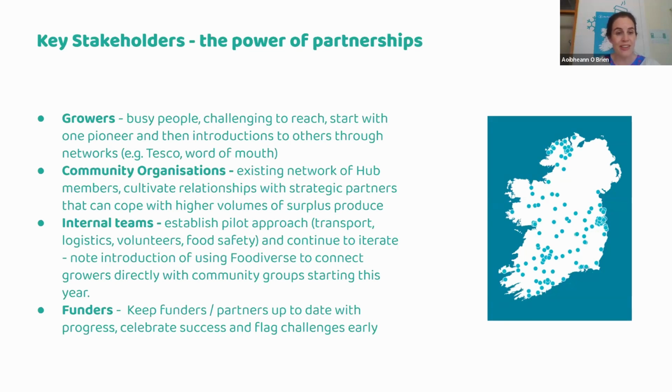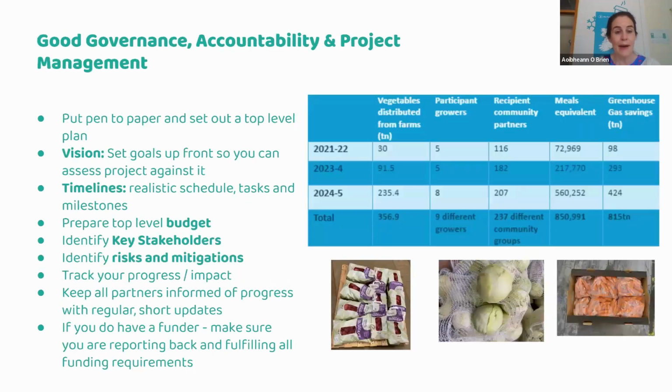So if we just move on to the last slide there, good governance, accountability and project management. The main advice is to put pen to paper. And it's a bit easier now. You can use AI tools and ChatGPT to help you to put your plan on a page.